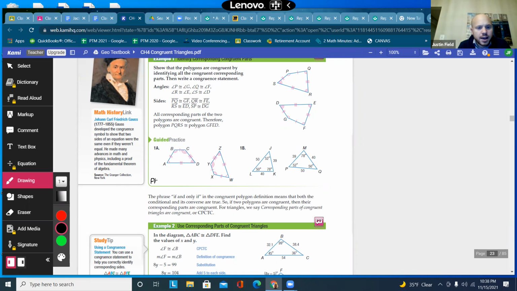So A, and then W, and then I'm going to go to B, and then after W, go to X. A, B, C, D, W, X, Y, Z. Just happens to be alphabetical. All right, so that is called a congruent statement.